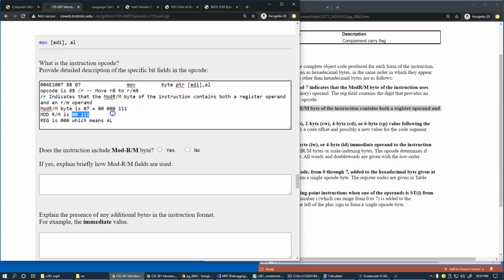So which means right here we can say which means EDI, or I can copy and paste like this, EDI.